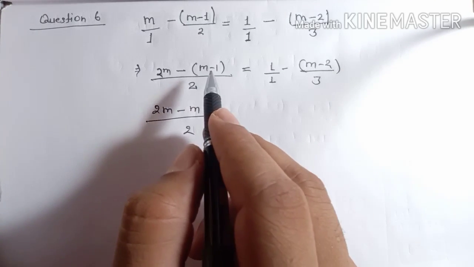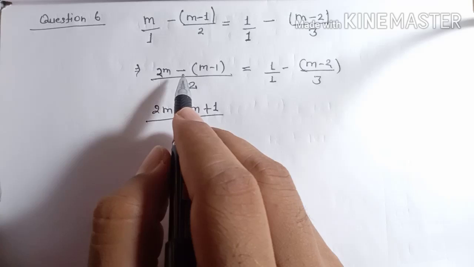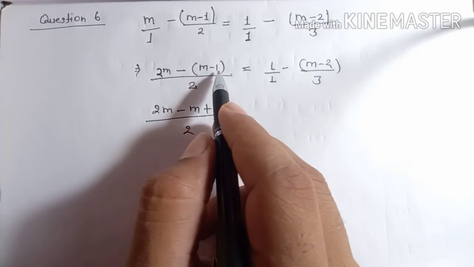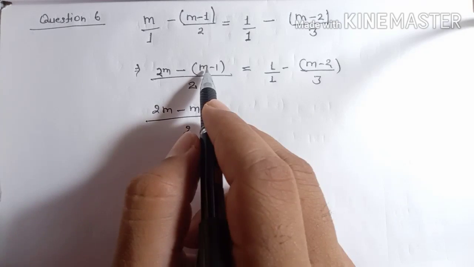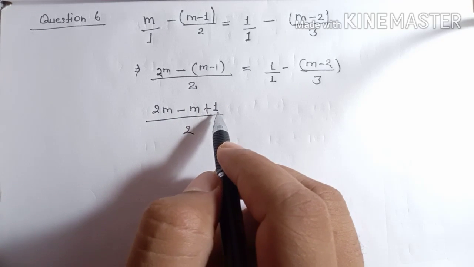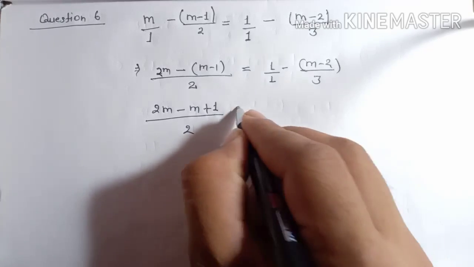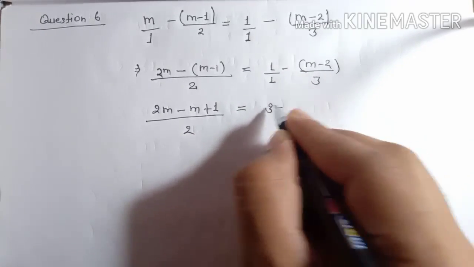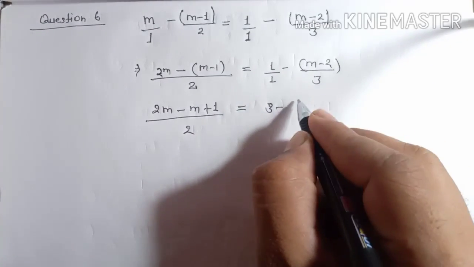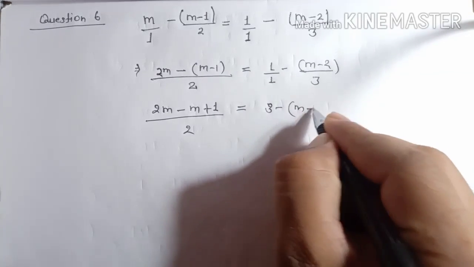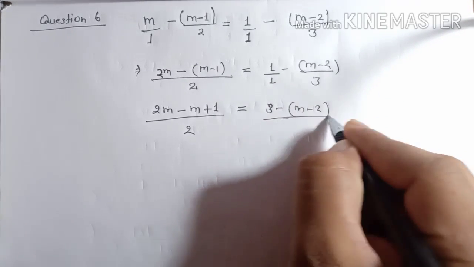Here when you open the bracket, and you get a negative sign outside, you have to change the sign inside. Here m was positive, now it is negative, and the negative becomes positive. It is equal to 3 minus (m minus 2)/3.